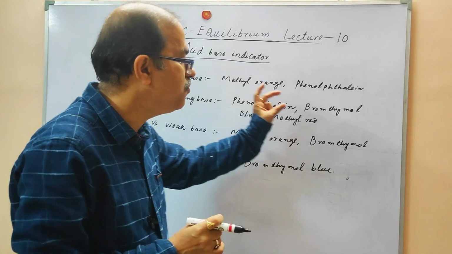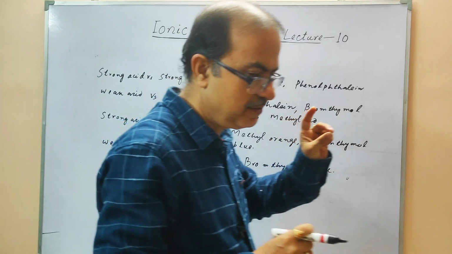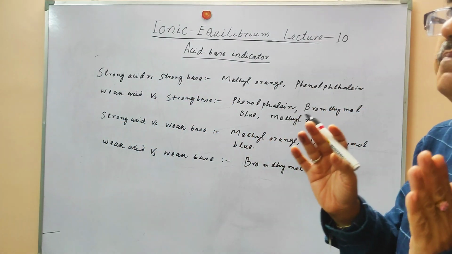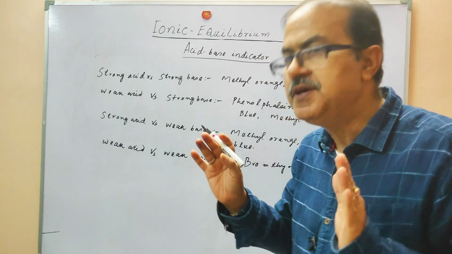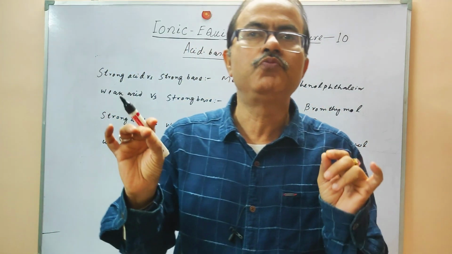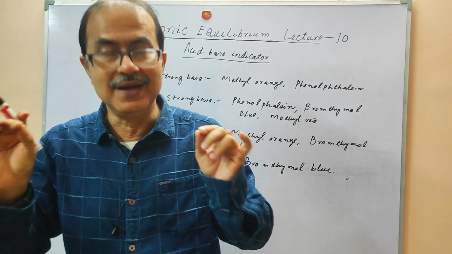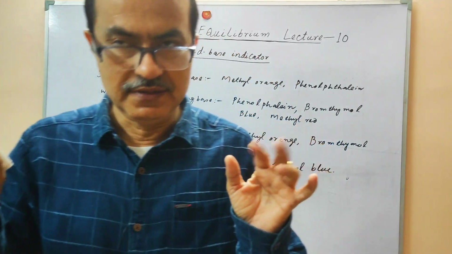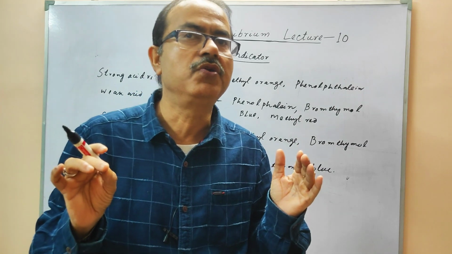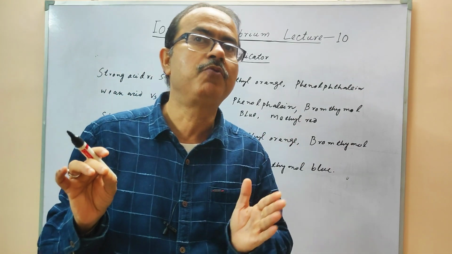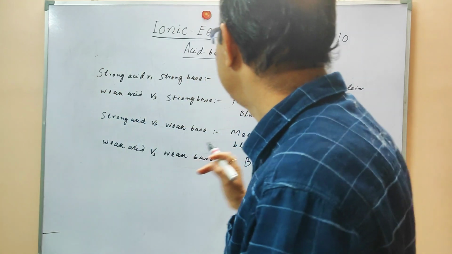The pK value will determine the pH range in which they are going to display the colors, because we are much more interested in the color changes at the appropriate time, so that you can understand how the indicators perform and how they indicate the end point of the titration.